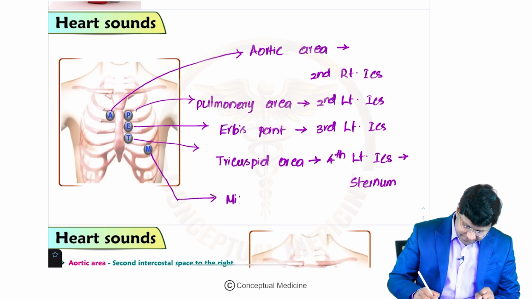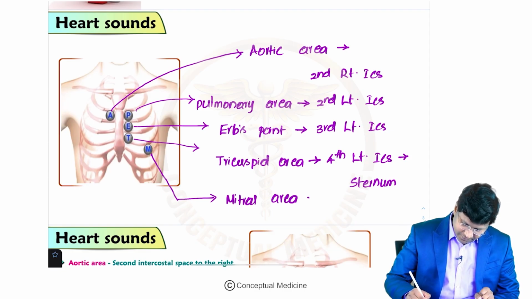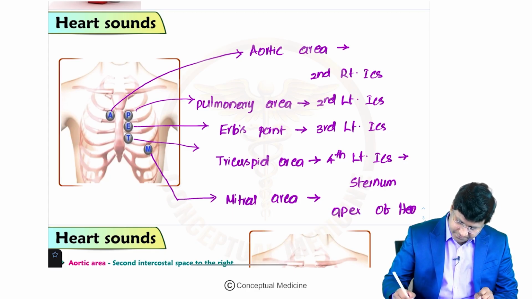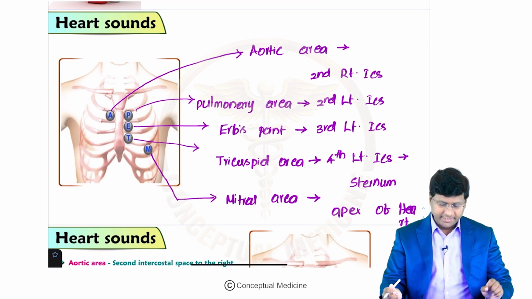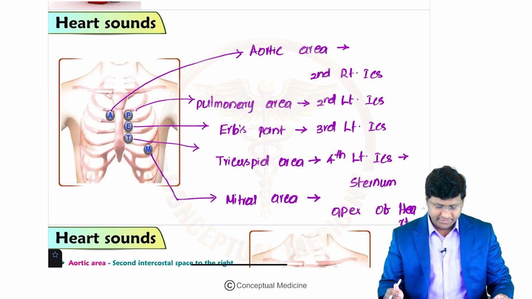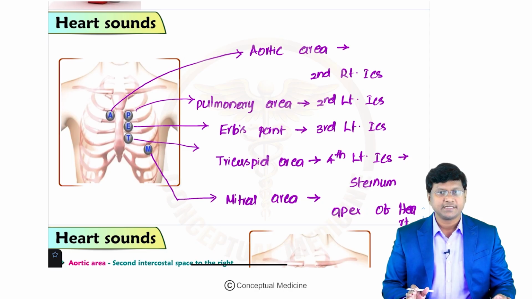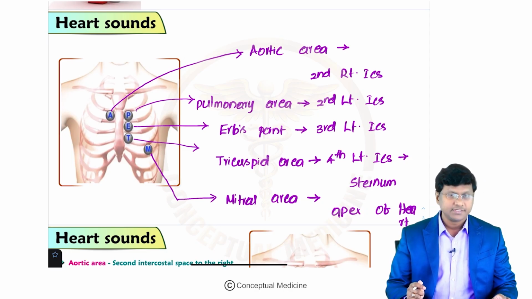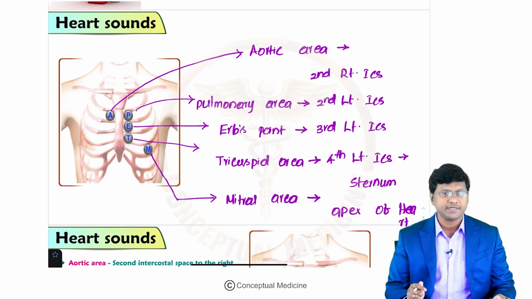The mitral area corresponds to the apex of the heart. So these are the areas of auscultation: aortic area, pulmonary area, then Erb's point, tricuspid area, and then the mitral area.